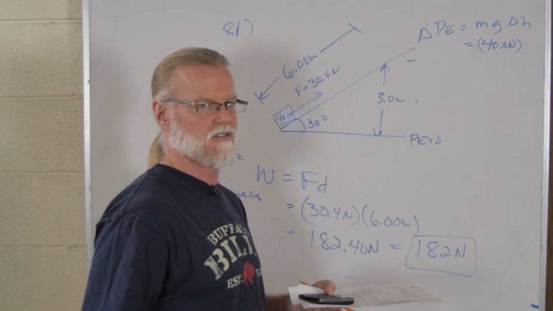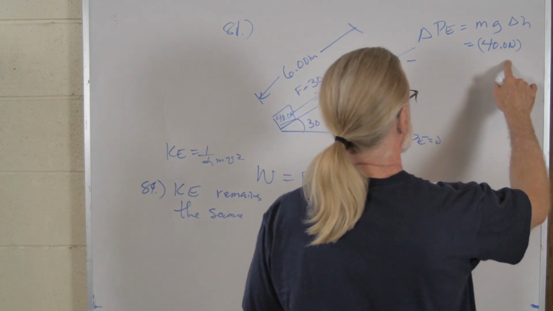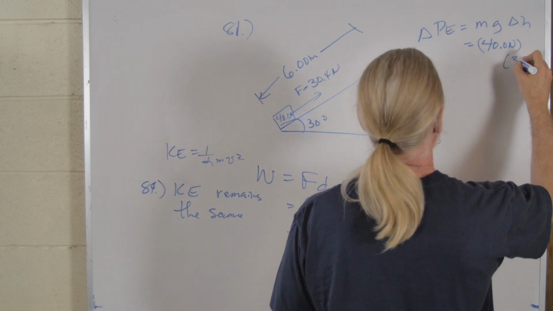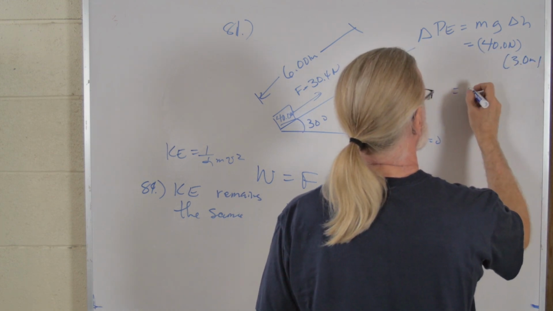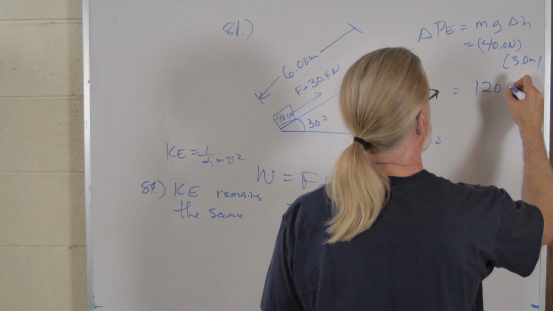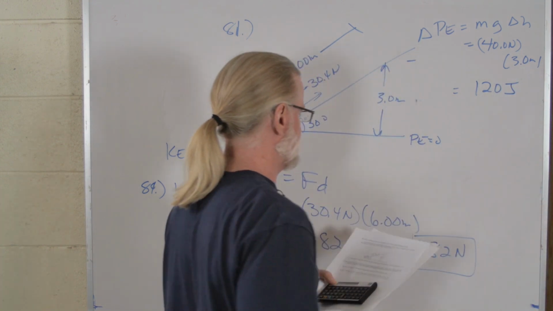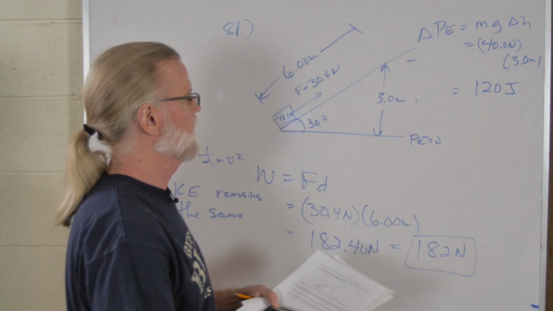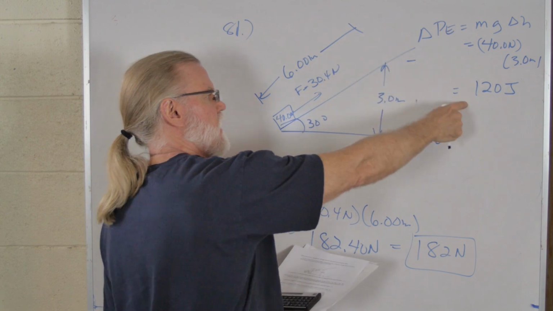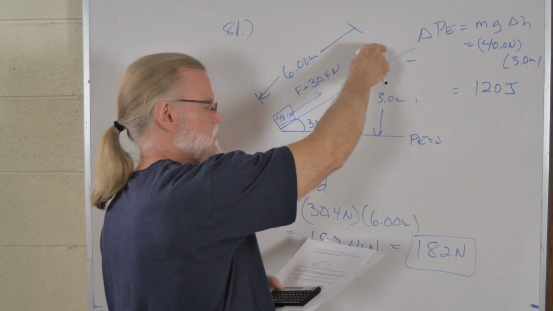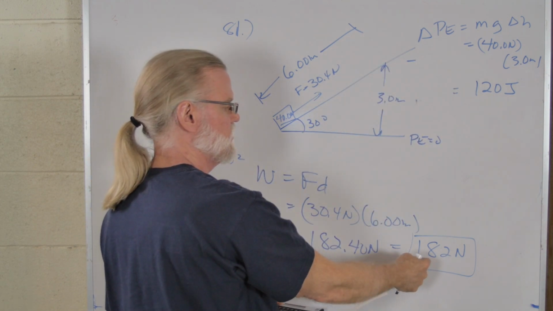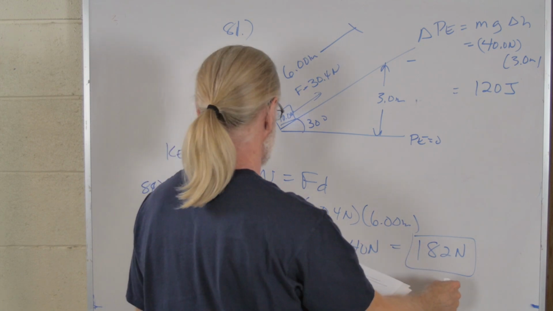It doesn't make any sense. Shows you don't know what you're talking about. H, 3 meters, equals 120 joules. All right, so we got it up here. 120 joules of potential energy. We did 182 joules.